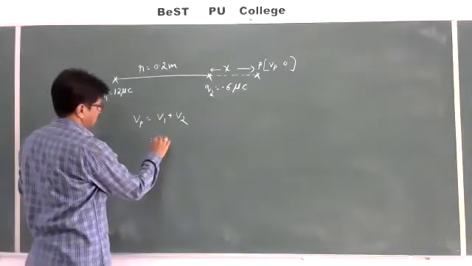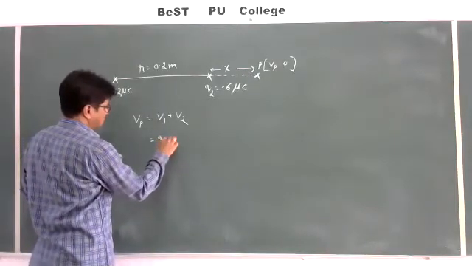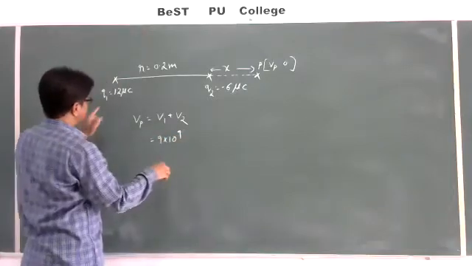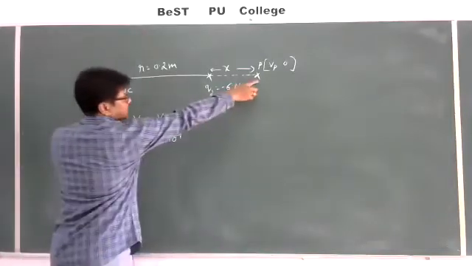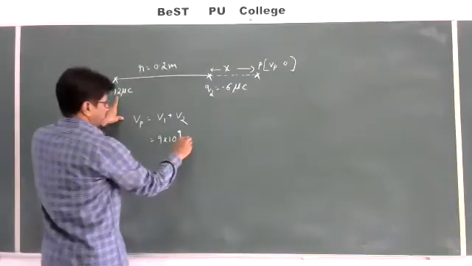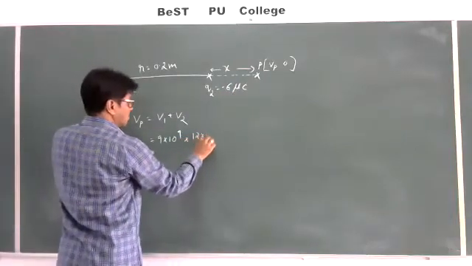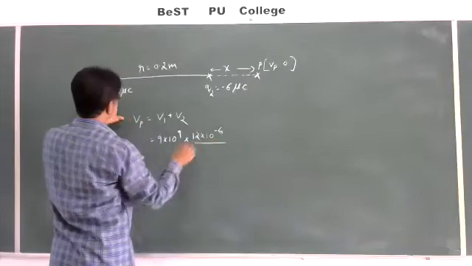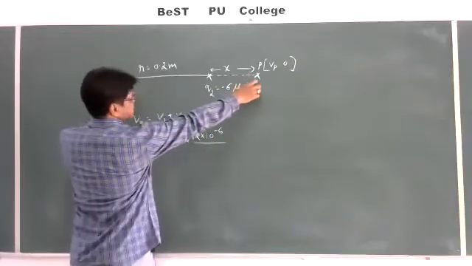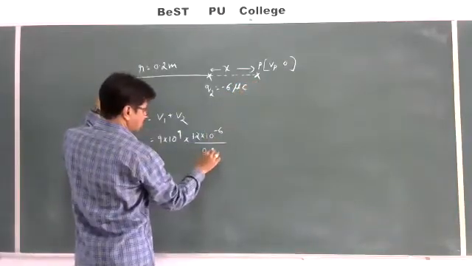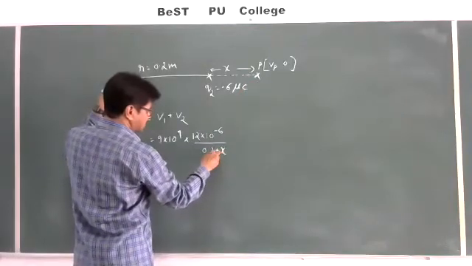V1 is equal to 9 into 10 to the power of 9 into 12 microcoulomb divided by this distance 0.2 plus x.